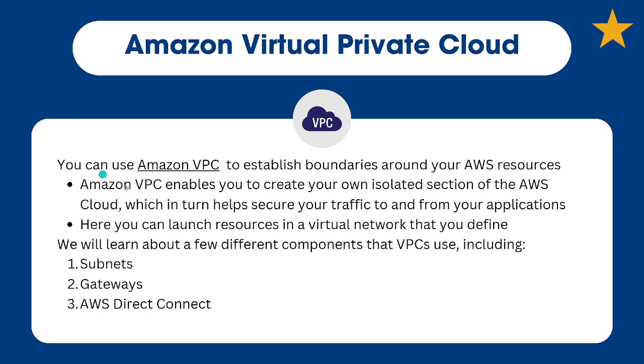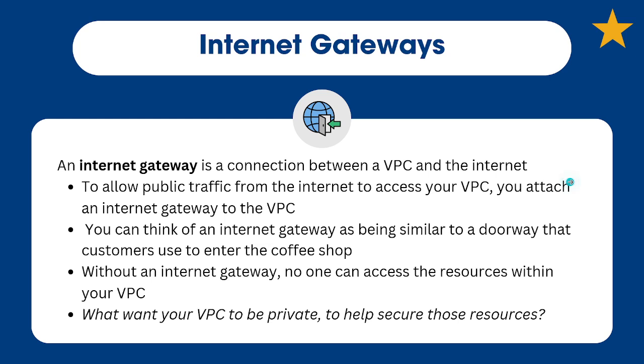So Amazon VPC enables you to create your own isolated section of the AWS cloud, which in turn helps you secure traffic to and from your applications. You can launch resources in a virtual network that you define. Some of the different components that make VPCs work the way they're supposed to include subnets. We'll talk subnets, gateways, and AWS Direct Connect.